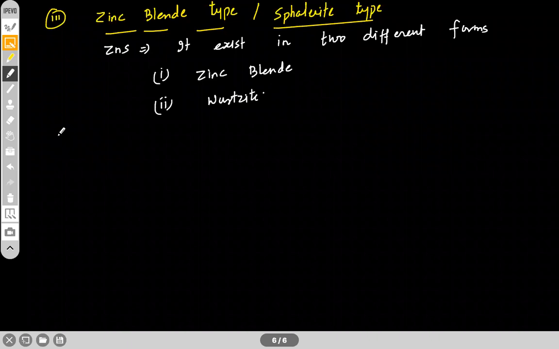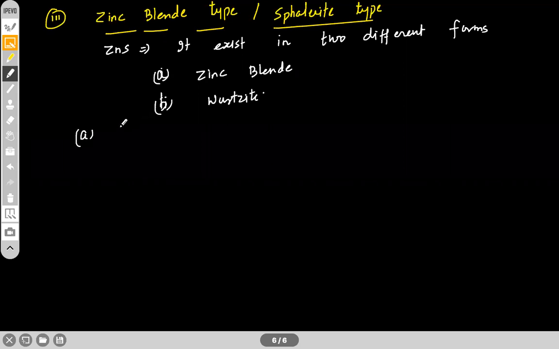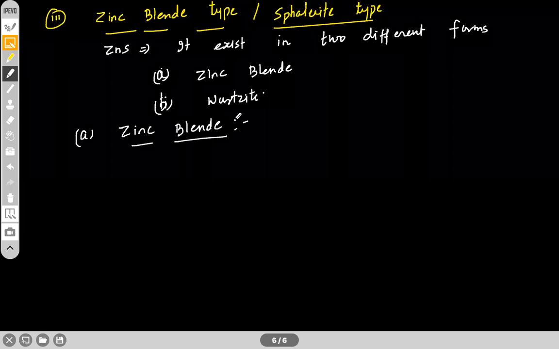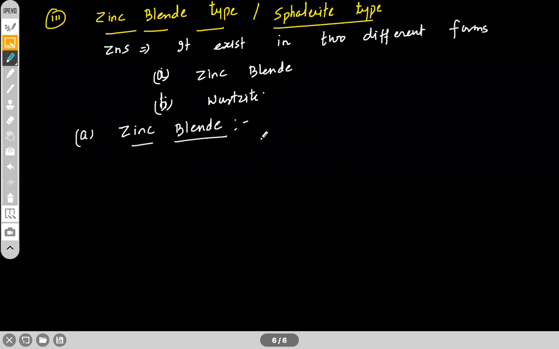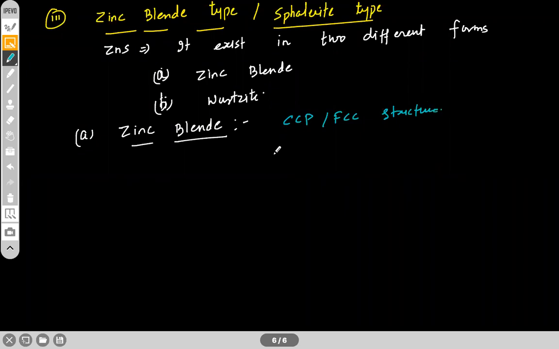The first one, you write down A and B. The zinc blende structure, write down. Zinc blende has a CCP or FCC lattice, cubic close packing or face centered cubic.